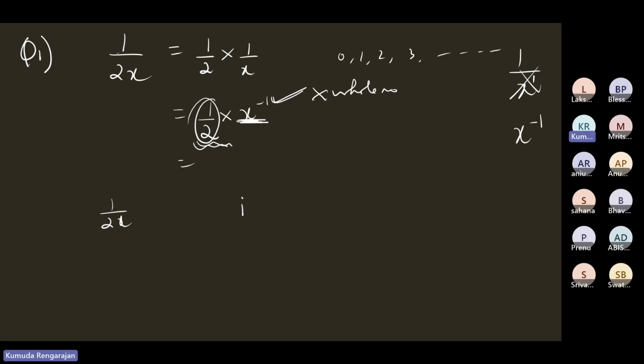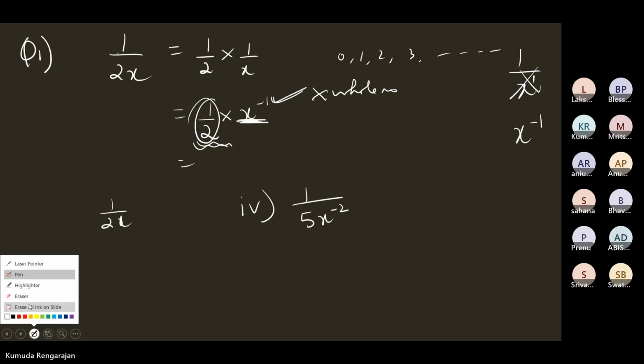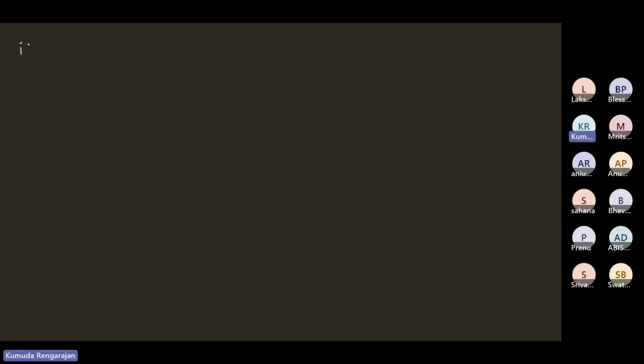But you can see in subdivision 4, you have 1 by 5 x to the power minus 2. In subdivision 4, 1 by 5 x to the power minus 2 plus 5x plus 7. Now, this is nothing but 1 by 5 into 1 by x to the power minus 2. See, you should show all the steps till we understand things correctly.